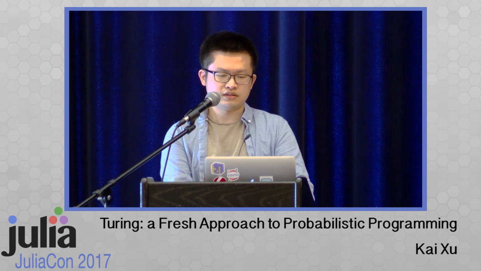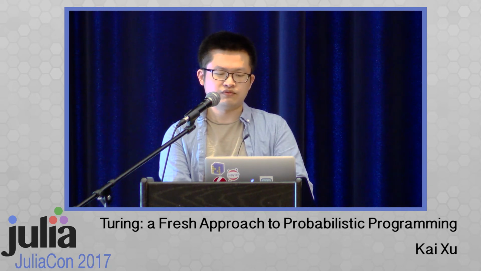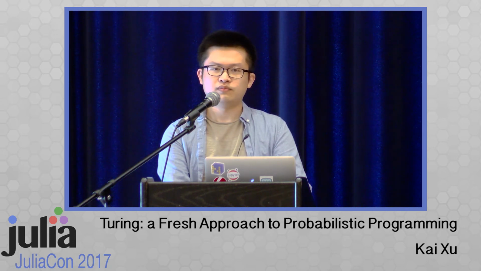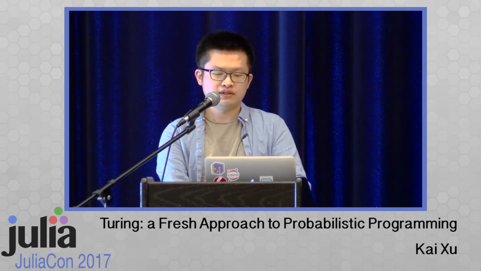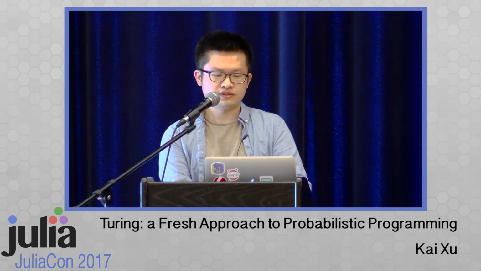Here is the model, and I just need to add one line and change a few places to translate this mathematical expression into Turing. When I define the model, it's still very simple. I just need to run this line to do the inference.